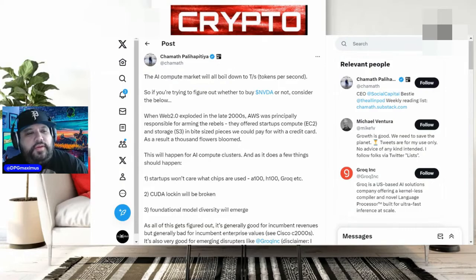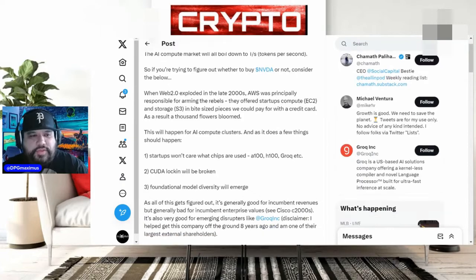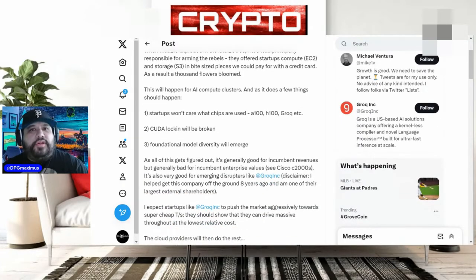It says, when Web 2 exploded in the late 2000s, Amazon Web Services was principally responsible for arming the rebels. They offered startups compute like EC2 and storage S3 in bite-sized pieces we could pay for with a credit card. As a result, 1,000 flowers bloomed. This will happen for AI compute clusters.